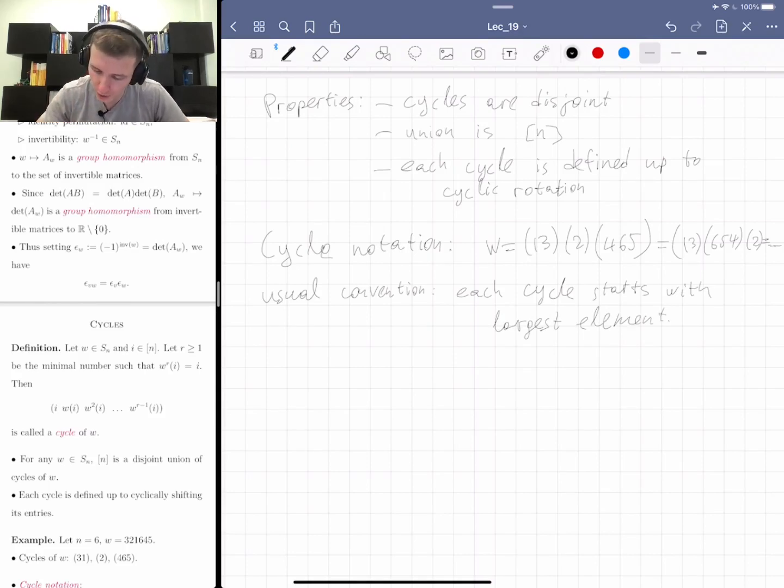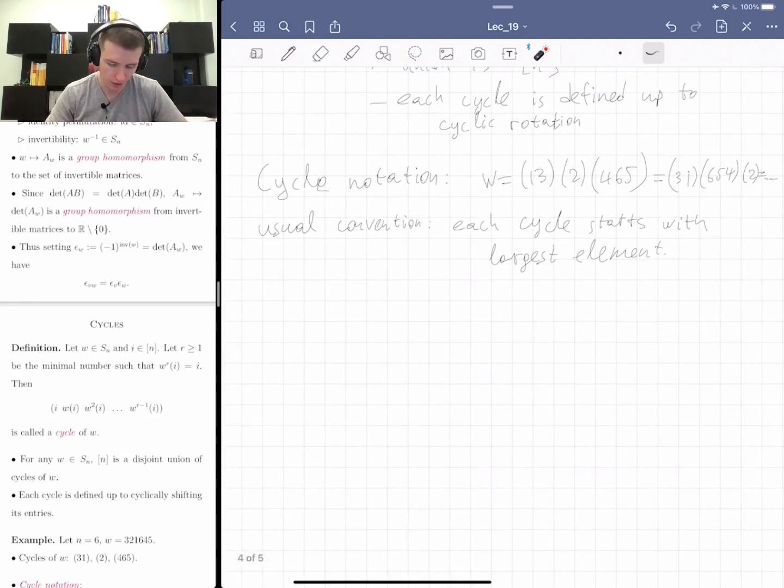So maybe I should switch 1 and 3 here, 3 and 1. Then this is some sort of canonical form. And you can also sort the cycles by maybe decreasing order of the largest element. Anyway, this is all not really important.